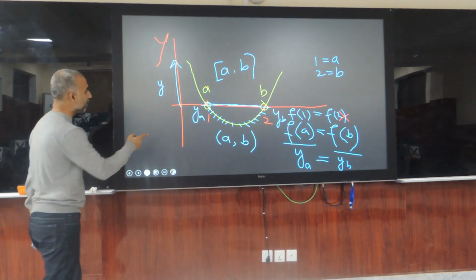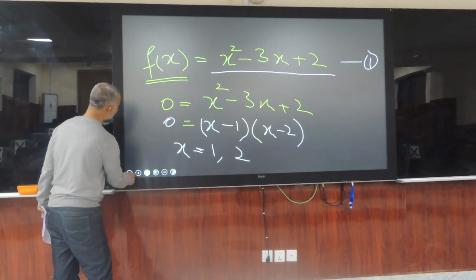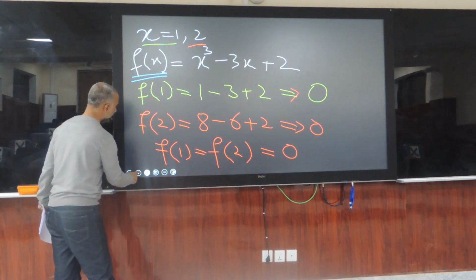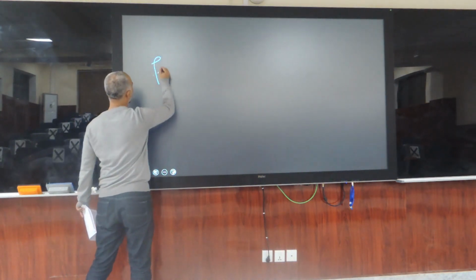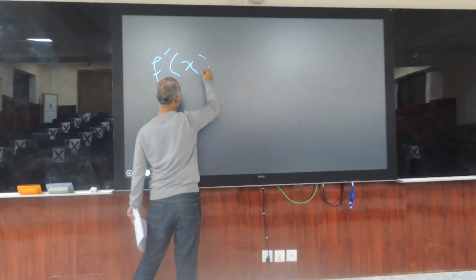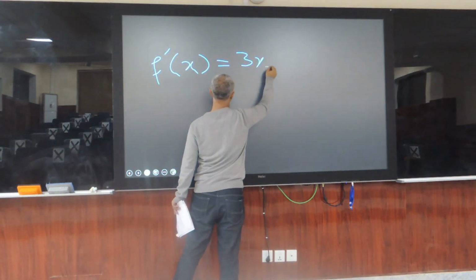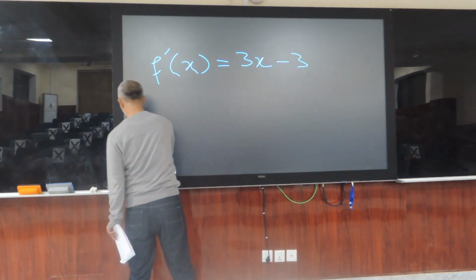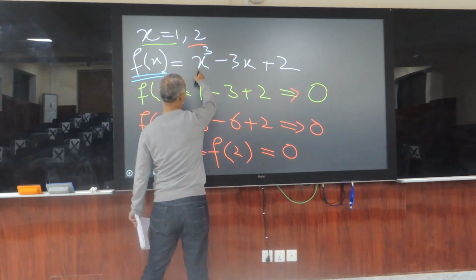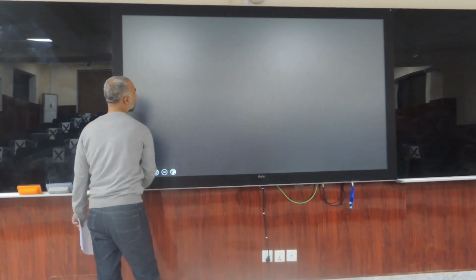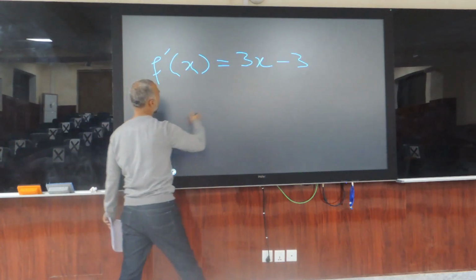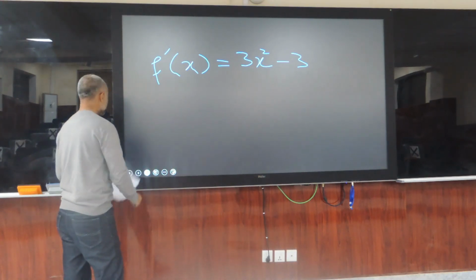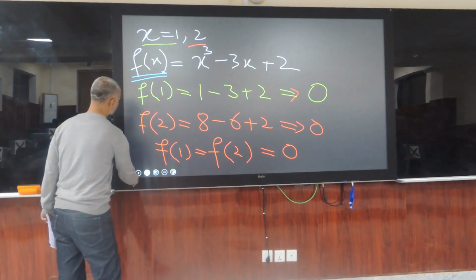So we need to take the derivative of this equation. F dash of x, then we will have 3x squared minus 3. No, not cube, it's wrong. It's square.